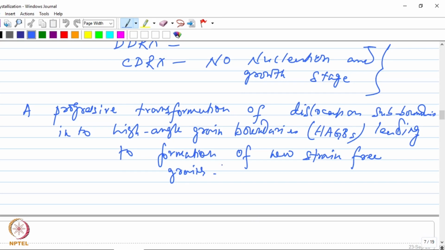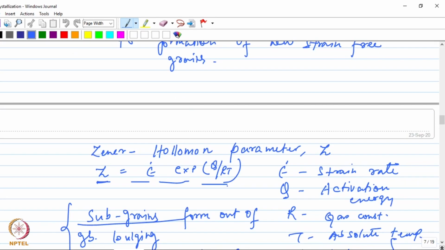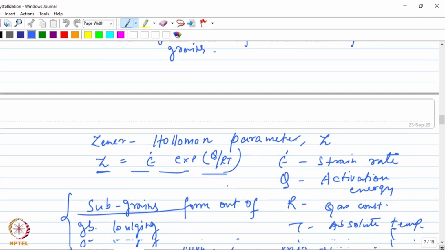So these boundaries will progressively turn from low angle boundaries to high angle boundaries, and eventually a lattice rotation takes place which converts all these boundaries into high angle boundaries, giving rise to the recrystallized grains.